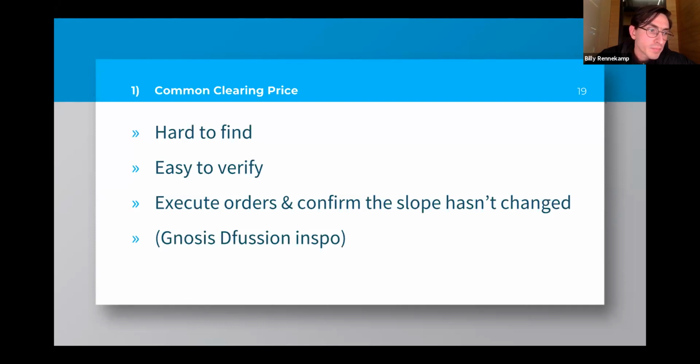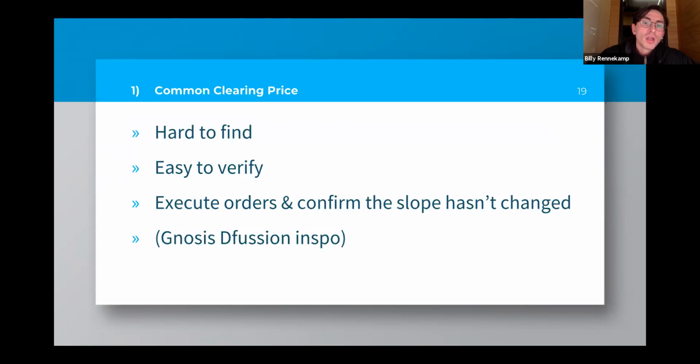They're using ZK snarks for it, but they're also doing a sort of optimistic verification system, a little bit like TrueBit. Basically the idea behind it is that if you provide an answer, that answer can be confirmed on chain, or at least that answer can be challenged, in which case it needs to go to that verification process.